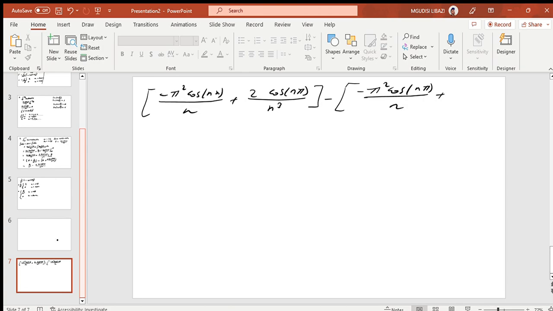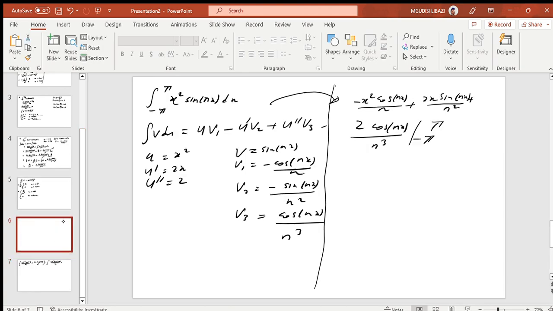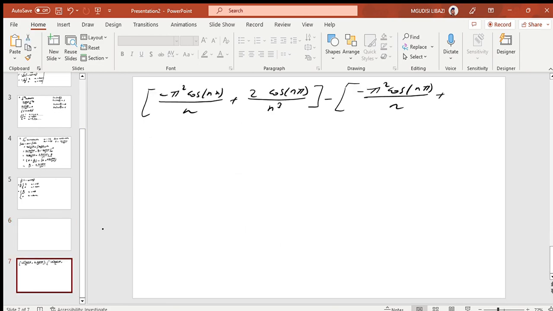Then plus, the second term is sine, which gives us 0. For the third term, we substitute negative pi here, and obviously we get 2 cosine of n pi divided by n raised to 3.